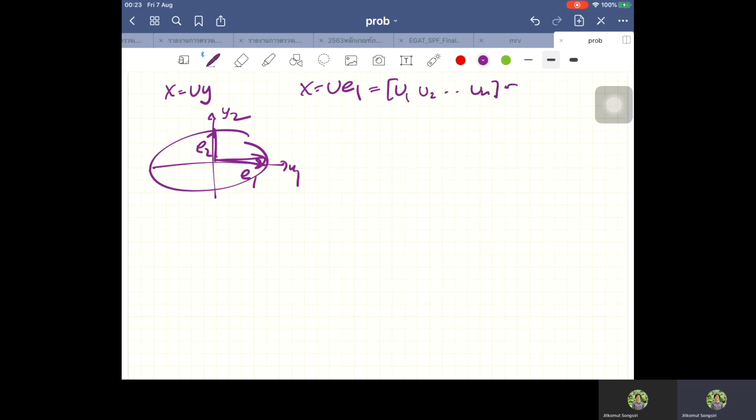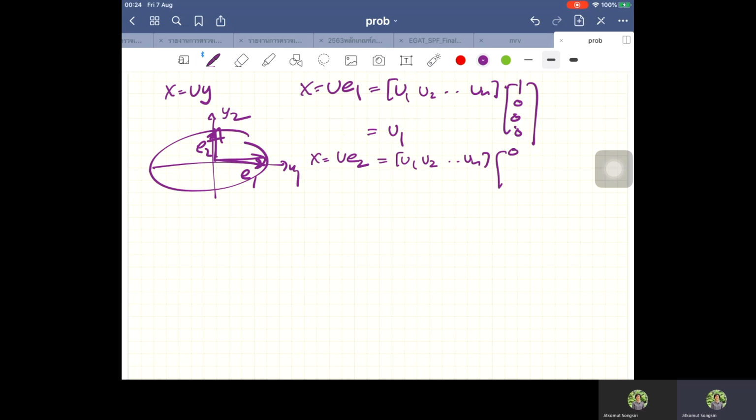If you multiply with e1, which is (1, 0, 0, ..., 0), you're going to get u1. If you map with e2, the second principal axis of the ellipsoid in y, which is (0, 1, 0, ..., 0), you're going to get u2. And so on.